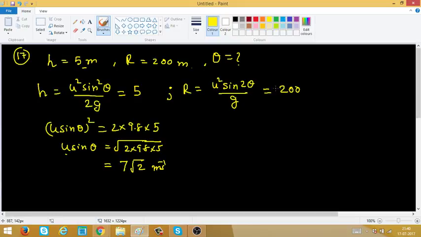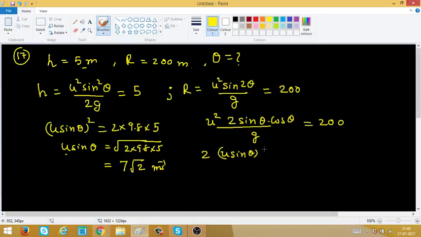Now u square sine 2 theta by g is equal to 200, and sine 2 theta is 2 sine theta cos theta. Now this 2 I'll write first, and this u square, I have u into u. One u I will keep with sine theta, the other u I'll keep with cos theta. So I can write this as 2 into u sine theta into u cos theta by g is equal to 200.